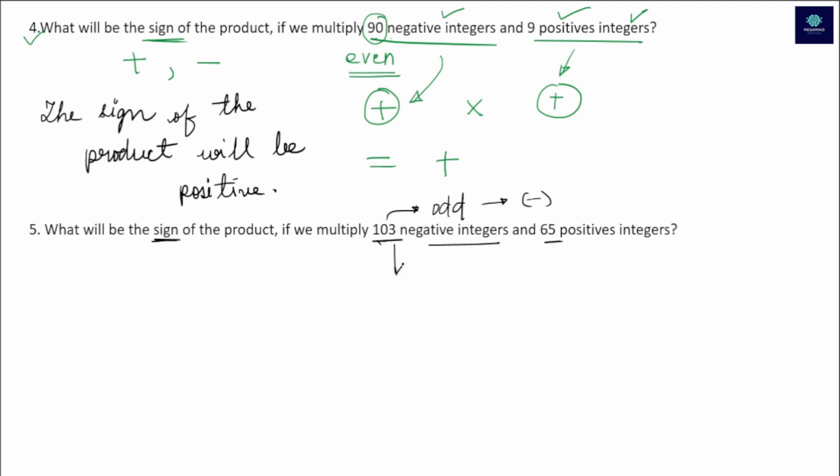So on multiplying this, we are going to get some number with a minus sign. And on multiplying 65 positive integers, since they are positive, our answer will be positive only. Now we have to multiply these two. When minus and plus get multiplied, our answer will always be negative, right? So you can write the answer for question number 5 in one single line that the sign of the product.